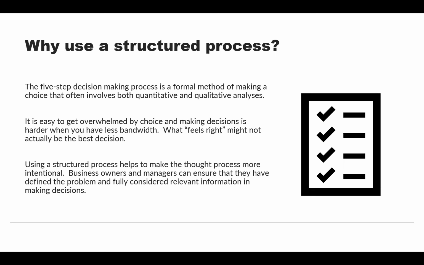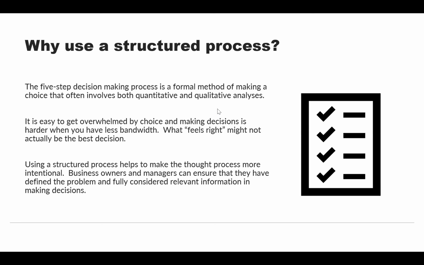And especially as you get overwhelmed with other tasks and other things going on in your business, it's really hard to make good informed decisions when you don't have a lot of bandwidth. And so what feels right when you're reacting might not actually be the best decision. So having a structured process helps make the thought process a little bit more intentional, that you've clearly defined the problem and you've really gone through a process to consider what's important in making your decision.